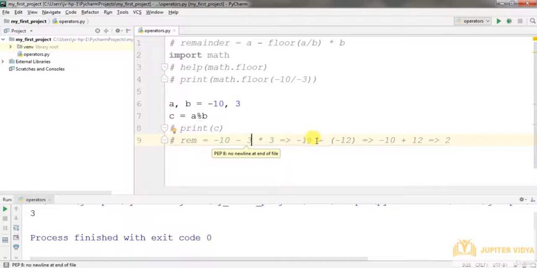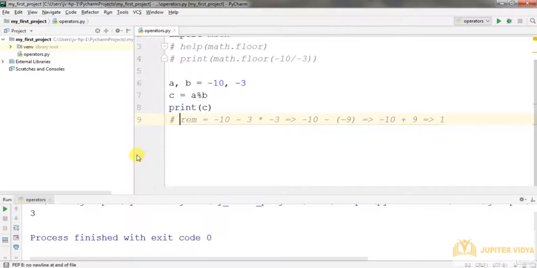So minus 10 minus, let's change here also. So it will be minus 3. So minus 10 minus 3 into minus 3, which is minus 9, and minus 10 plus 9, 1.